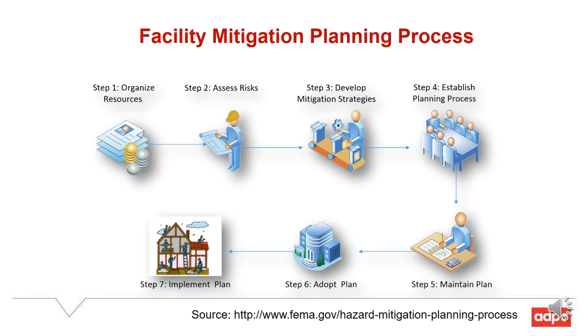One of the steps that FEMA has recommended is this 7-step facility mitigation planning process: organizing resources, assess risk, develop mitigation strategies, establish the planning process, maintain the plan, adopt the plan, and implement the plan.